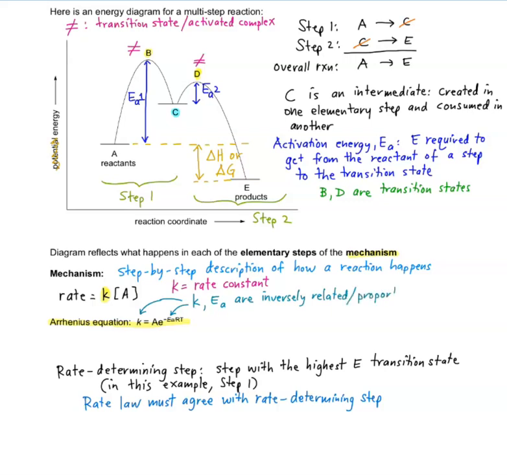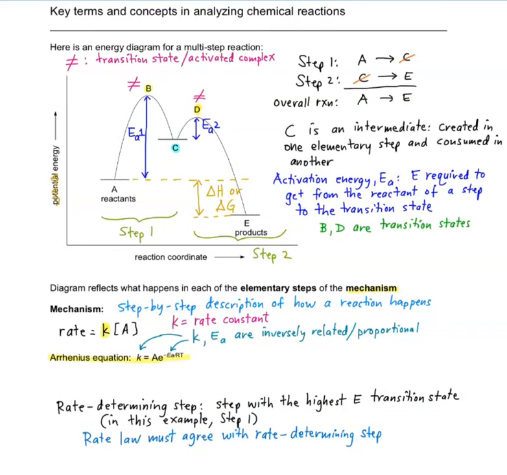Okay, so what does that mean? It means that the larger the activation energy, the larger the quantity of energy needed to get to the transition state, the smaller the rate constant. So a larger activation energy corresponds to a smaller rate constant, and remember that the rate constant is a proportionality constant.